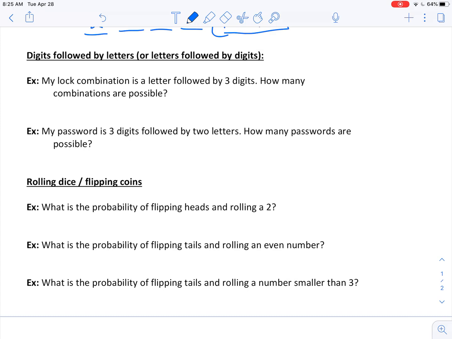All right, now let's talk about some digits followed by letters, or letters followed by digits. And what I'm trying to get at here is, maybe I've got a lockbox or a combination where I've got to pick from some number of letters, and then after the letters, I've just got numbers.